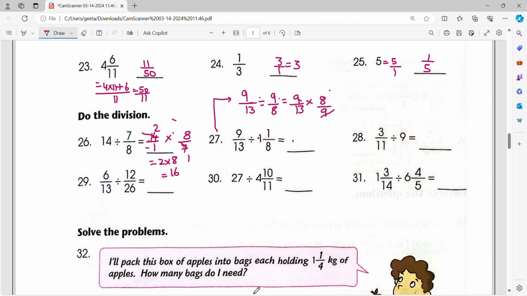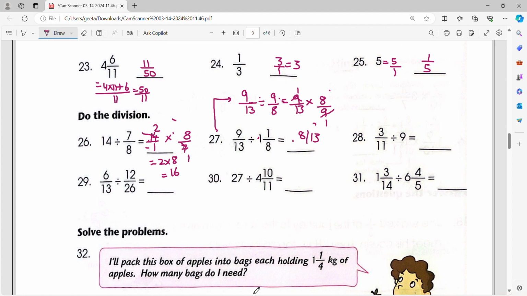Can you cut this 9 ones are 9 and 9 ones are 9 here? Rest nothing is getting cancelled. So the answer is 8 over 13. Am I clear? Okay, the questions which I am leaving, you have to complete them as homework.